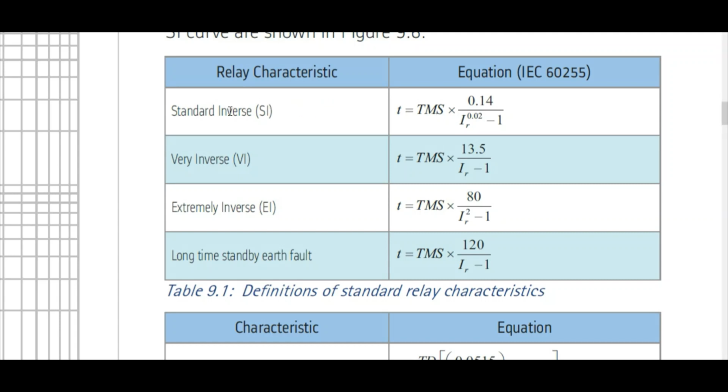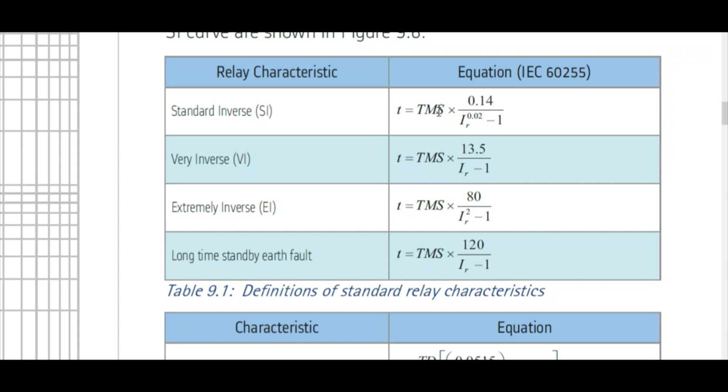One is standard inverse, another is very inverse, and this is extremely inverse, and this is the formula. Time t equals TMS, the time multiplier setting, multiplied by 0.14 divided by IR to the power 0.02 minus 1. If we choose the standard inverse characteristic, it will follow this equation, and the curve is plotted following this equation. This is the time multiplier setting.